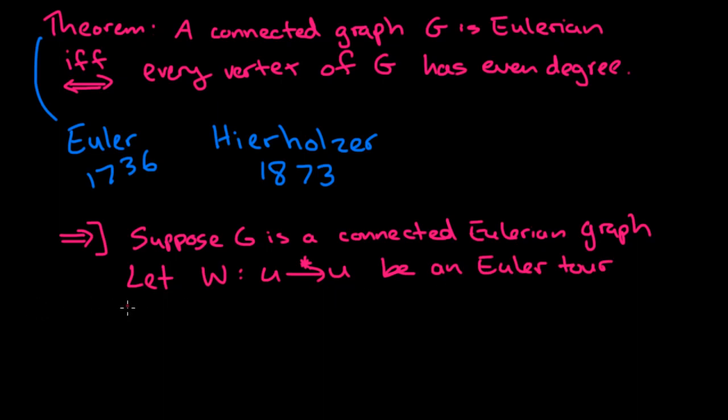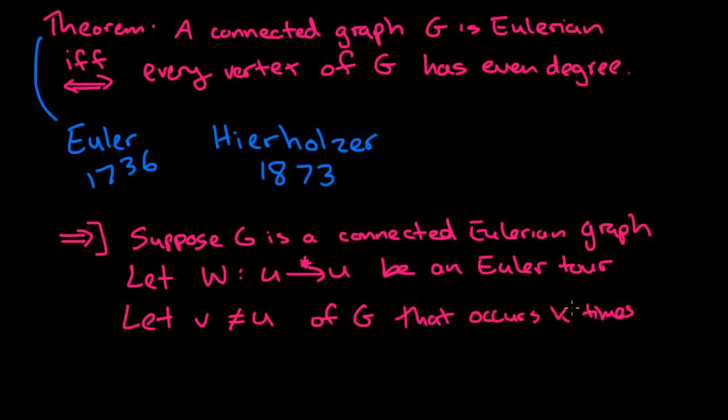Now let V be any vertex. For now, let's just take V to not be U, but any vertex of the graph G. So V is a vertex of G that occurs K times in the Euler tour, K times in W. Now, just point out to yourself that V will definitely occur in W. Every vertex will occur in the Euler tour because the graph is connected and every edge gets used up in the Euler tour.